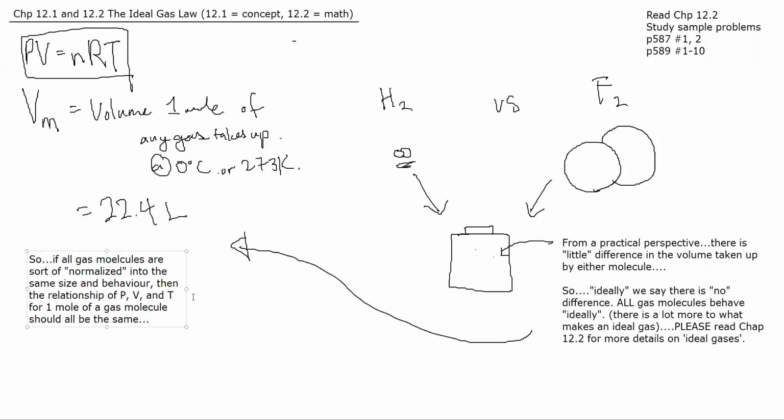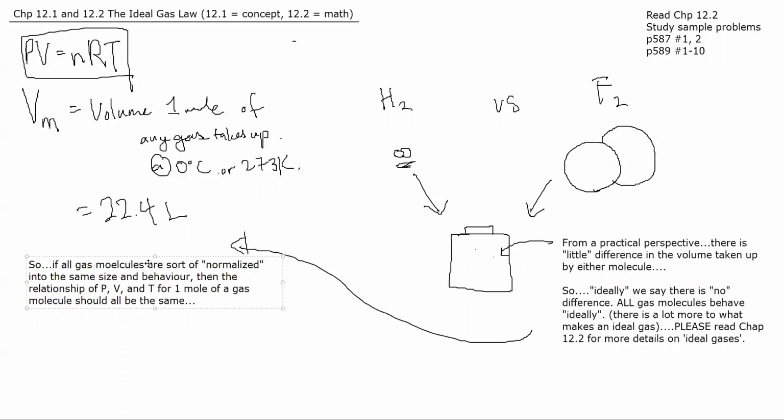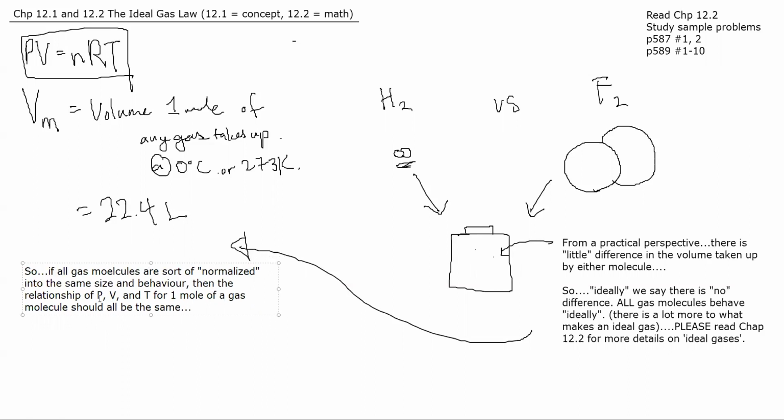Remember, we just said that every single molecule in gas form, assuming that they are ideal, all have the same kind of behavior, the same amount of space, the same distance between them, the same amount of attraction, and so on. If that is the case, then the relations that they have in terms of pressure, volume, and temperature should all be the same as well.